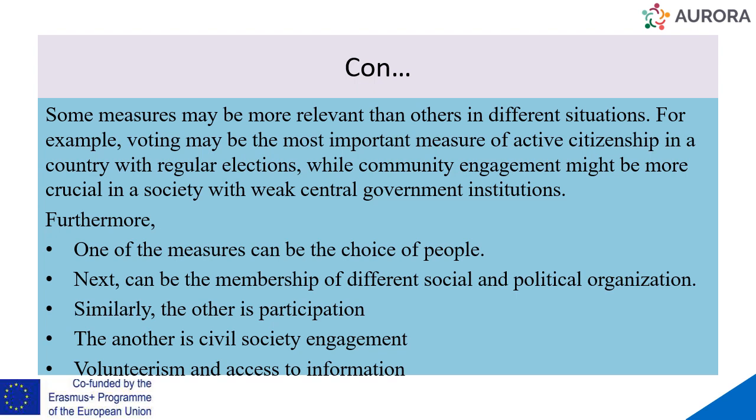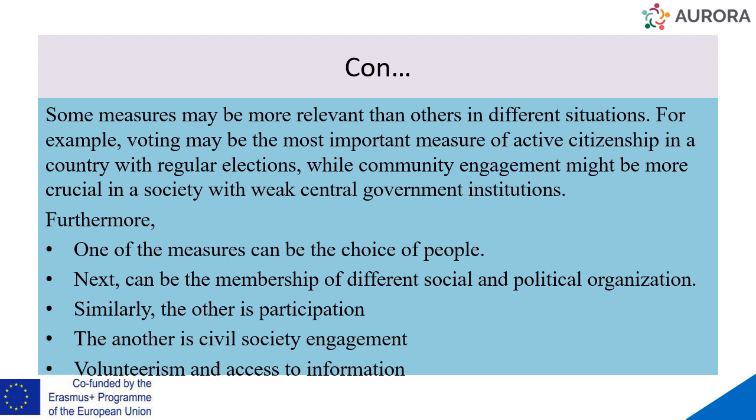We can say further like this, one of the measures can be the choice of people. People are free to take their choice without causing any harm to others in a democratic practice. Active citizens should make the right choice, the choice of the things that work for them best. So one of the measures can be the choice of people. Next can be the membership of different social and political organizations.